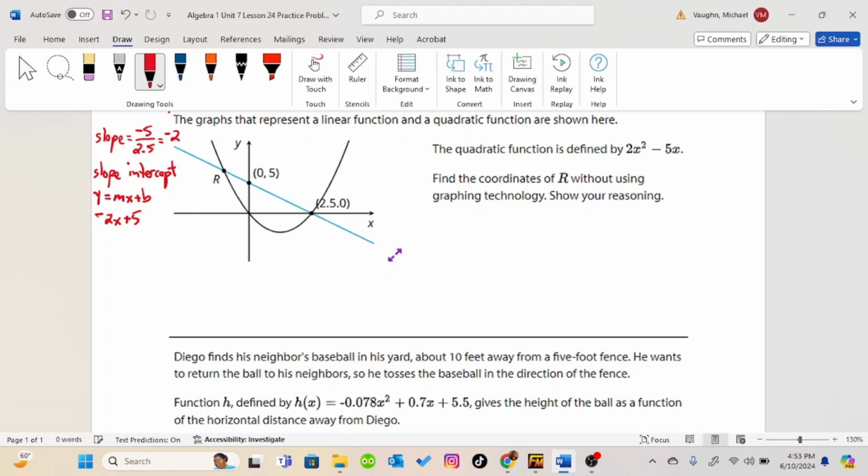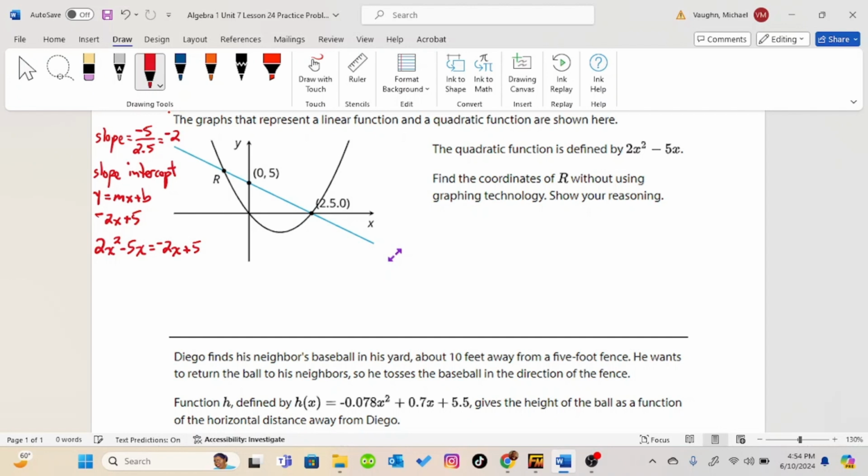So now I can set those equal to each other to find out where they cross. So I could say 2x squared minus 5x equals negative 2x plus 5.